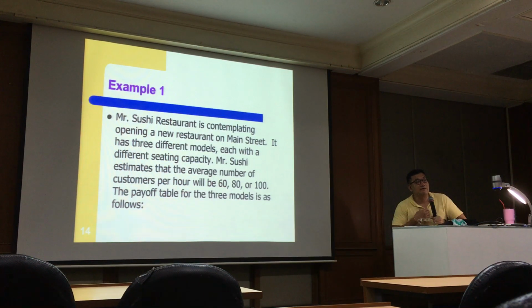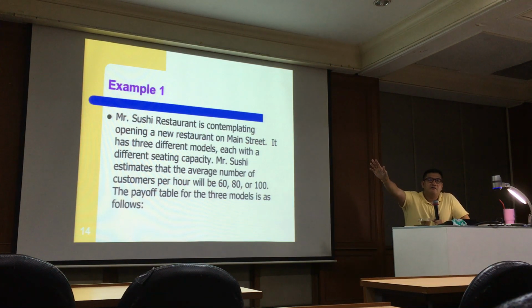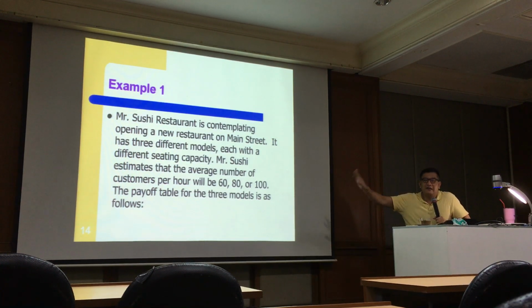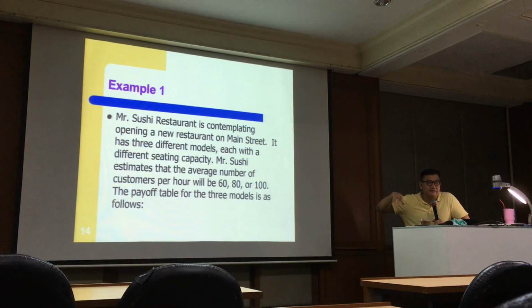In the real world, you use an expert to estimate, for example, that when we select this alternative, we expect 60% high demand and 40% low demand. Where do 60 and 40 come from? From an expert, from experience. It's very subjective. So I'm going to show you this example real fast, and then go back to inventory to explain why we need this.